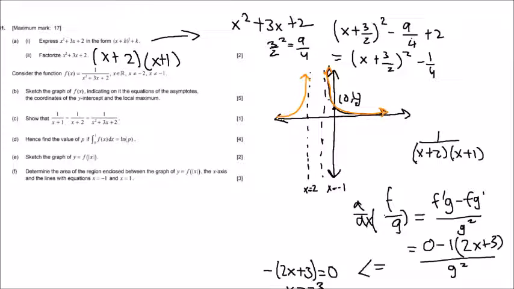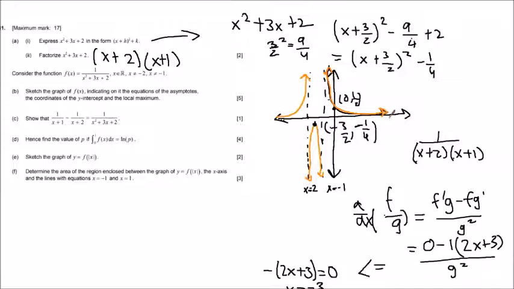So if we draw this graph right here, this local maximum is going to be at x equals minus 3 over 2. And what would that be in y? That would be 1/2 and minus 1/2, so it would be minus 1 over 4.